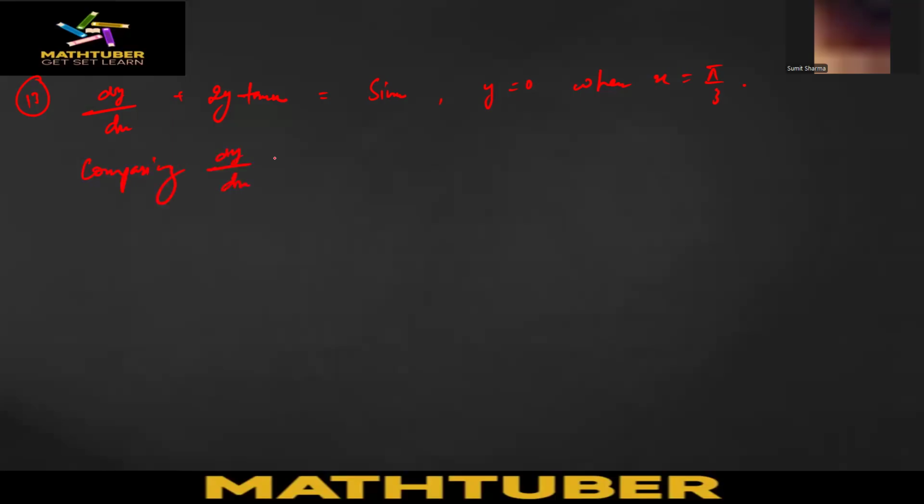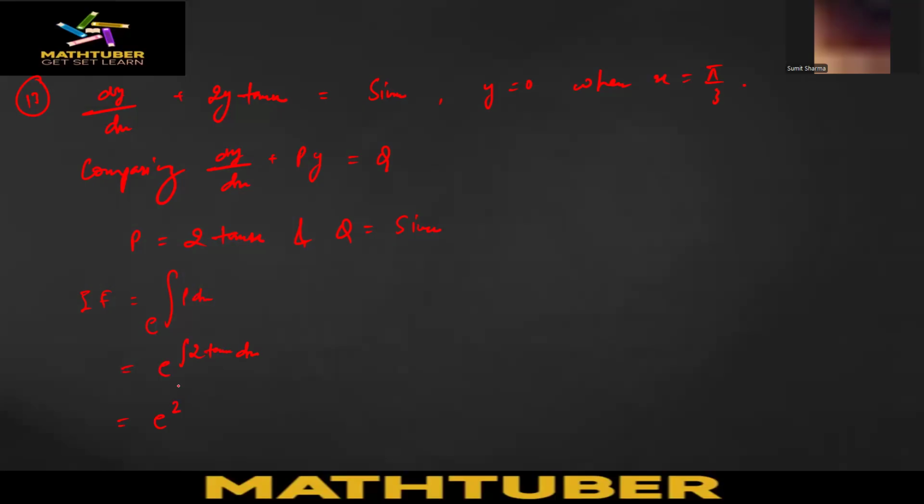Comparing with dy by dx plus Py equal to Q, P is 2 tan x and Q is sin x. So the integrating factor is given by e raised to the power integration of P dx, which is e raised to the power integral of 2 tan x dx.